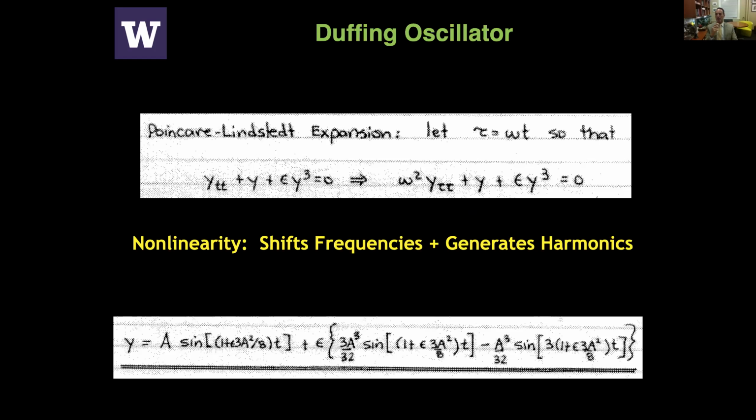So in other words, the nonlinearity starts to shift the pendulum frequency, and the correction term that you have there has a sine of 3 omega. So it starts to generate sidebands or frequency content. That's harmonics of the initial frequency.